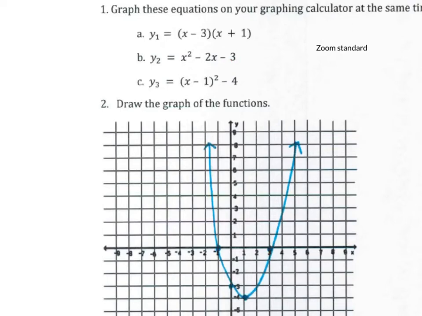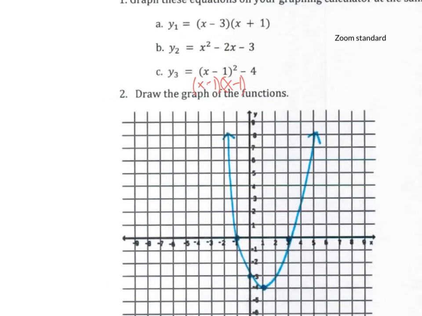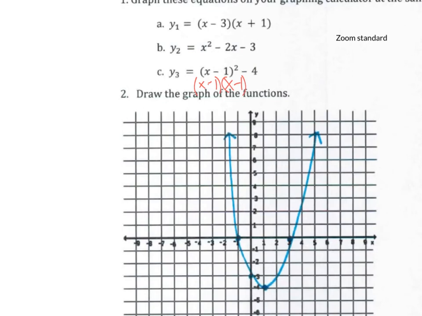I could even do that with y3, because that x minus 1 squared is really x minus 1 times another x minus 1. I could distribute that out, and then with the minus 4 at the end, it would also simplify to be y2. So here we're seeing how 3 different functions can produce one graph.